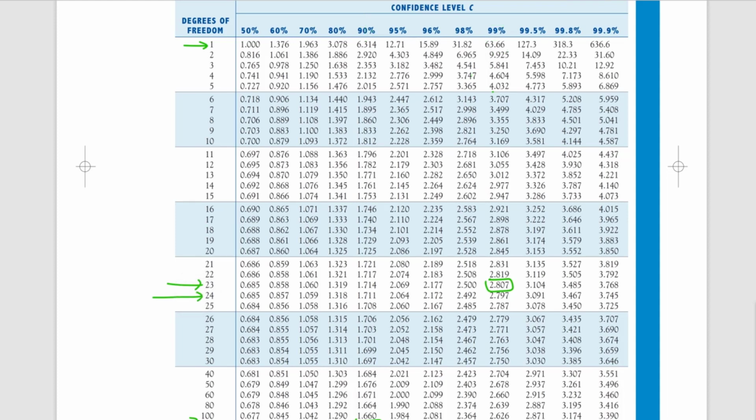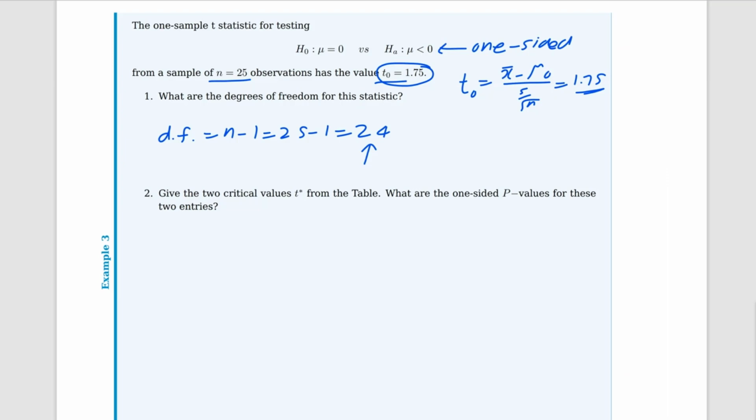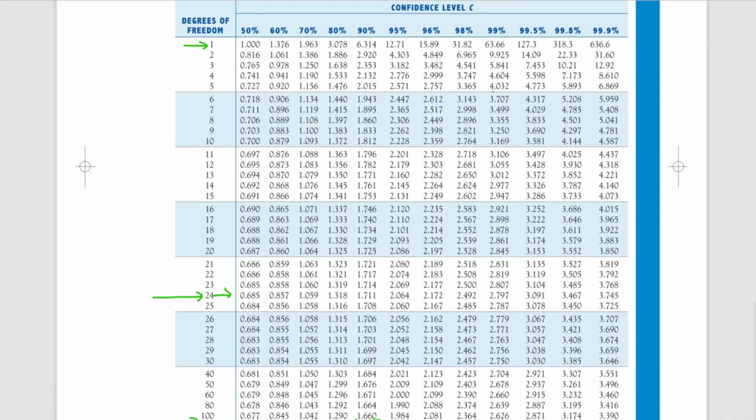So then check this row, and check for the 1.75, because 1.75 is the T naught here. You see that T naught. Check for that number. Can you find the 1.75 here? No. But 1.75 should be in between these numbers.